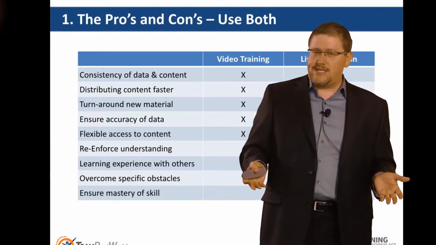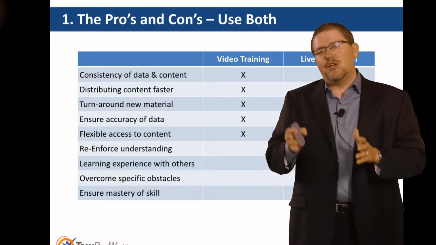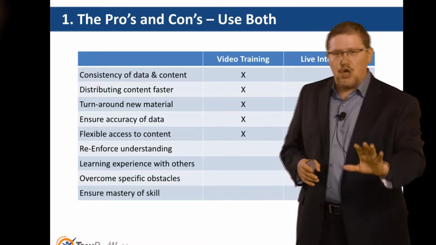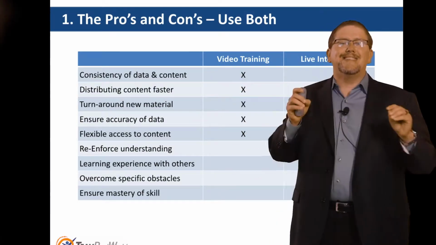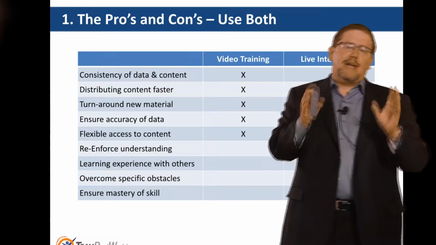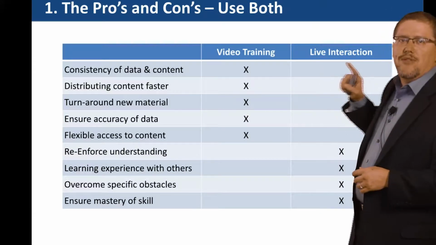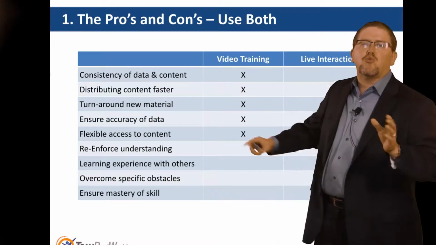However, let's be realistic, okay? What one person hears in one session is not always 100% what they hear in another session. As much as we try, that's the goal, but what video training allows you to do is to have a consistent message in the content and the data from session to session. We think that between the two, video training provides a much more consistent rollout of the data.